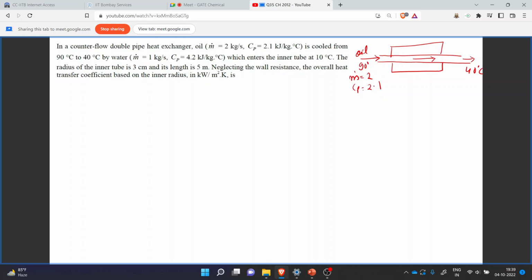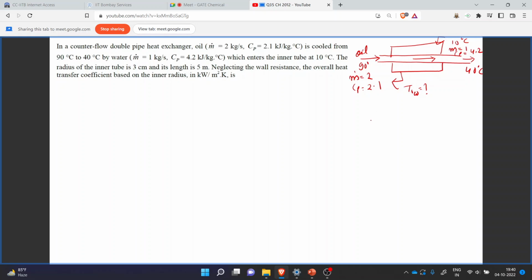This will be the flow direction, and the water will enter in the opposite direction in the outer tube, and the inlet temperature we have been given as 10 degrees Celsius. Outlet temperature, T out of water, we haven't been given, and we have been given mass flow rate as 1, Cp as 4.2.